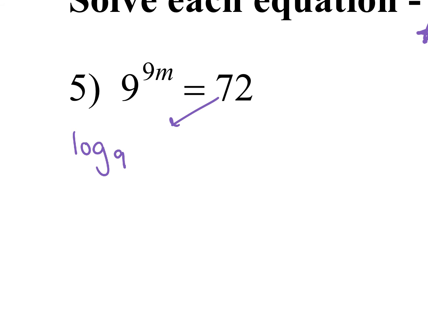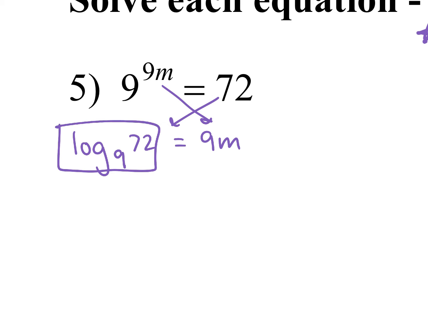And then switch these two. So what would come next? 72. And what's it equal to? 9m. And then we can put this into our calculator. So it'd be log base 9 of 72. So we have to use the change of base. So that would be log of 72 divided by log of 9.